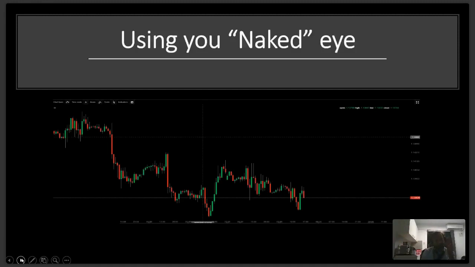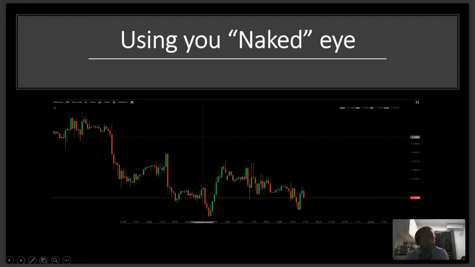Now remember the rules of a trend, uptrend or downtrend. Uptrend is 2 higher highs, 2 higher lows. Downtrend is 2 lower highs, 2 lower lows, at least. Now looking at it with our naked eye, can we see a potential trend here and areas of interest? Where the buyers have been buying in at and where the sellers have been selling in at.